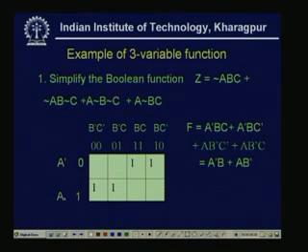This is A bar, A, B bar C bar, B bar C, B C, B C bar. So the min terms that exist: A bar B C is one min term, A bar B C bar is another min term, and the rest of the min terms are these.